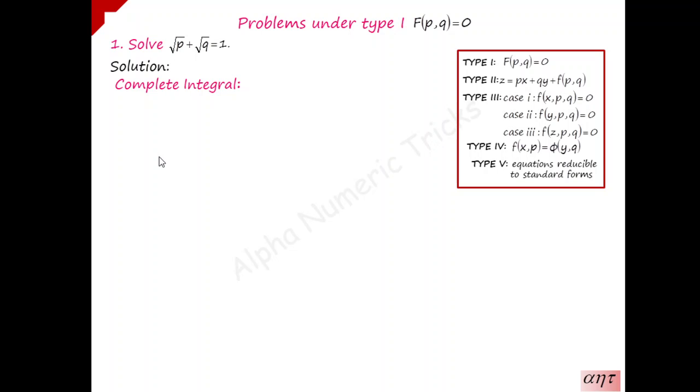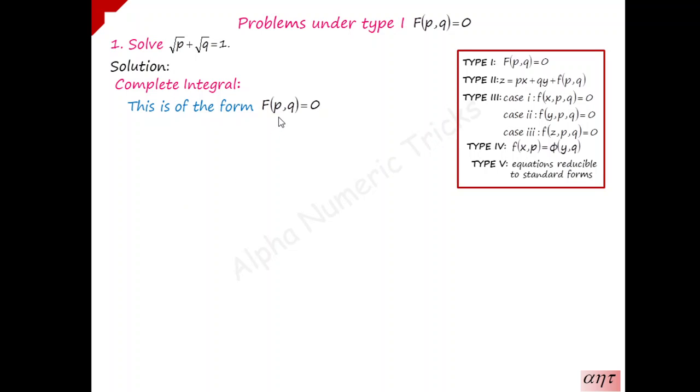Now we will see the result. Before starting with the complete integral, you have to write which type the problem comes under. So this problem is of the form f of p comma q is equal to 0. Once you identify the type, then you have to go for the general procedure available.